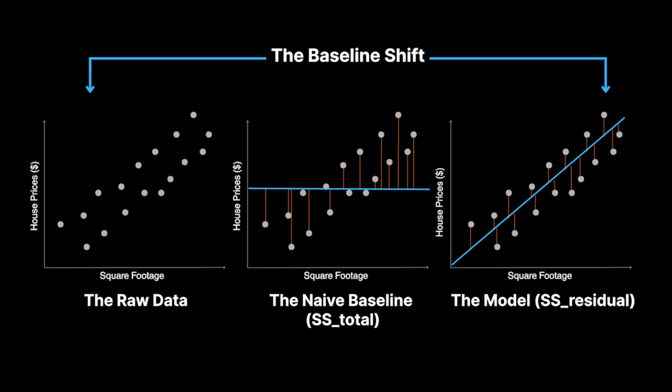A naive model that has some baseline error. Now you compare that error to your model's error, and R squared measures how much better your model is compared to predicting the mean.